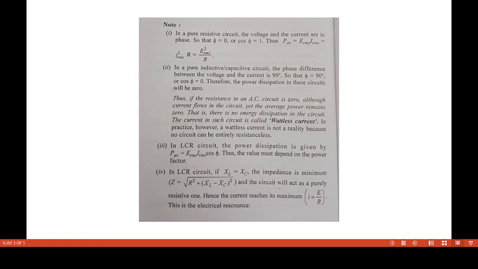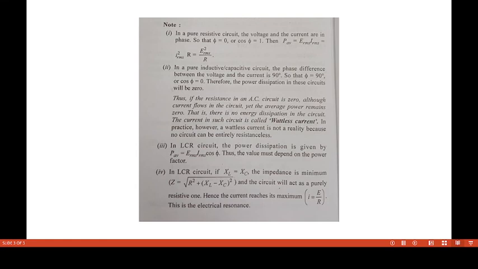Initially we've seen direct current, and the decay of current in a circuit, and after that we started alternating current, and we've seen different types of circuit like the purely inductive circuit, purely capacitive circuit, purely resistive circuit, and also capacitive inductive or capacitive resistive circuits, etc. And finally, we've seen the LCR circuit.